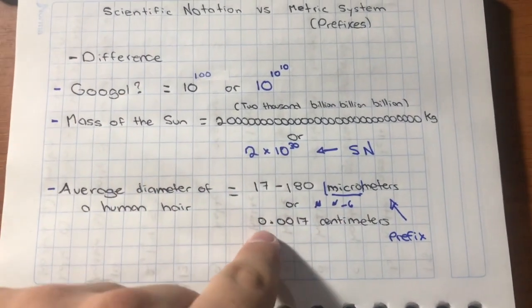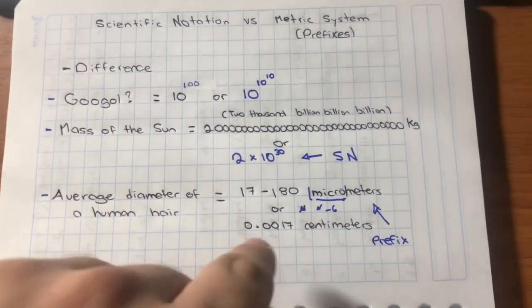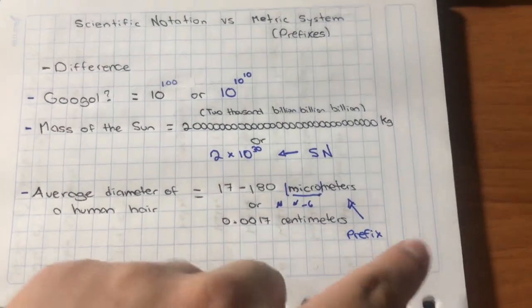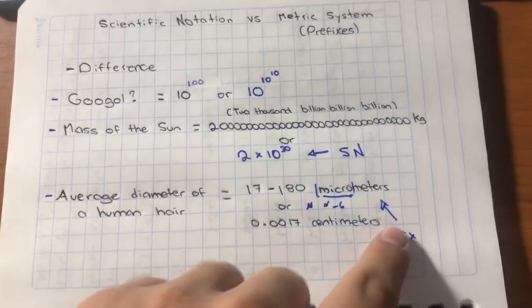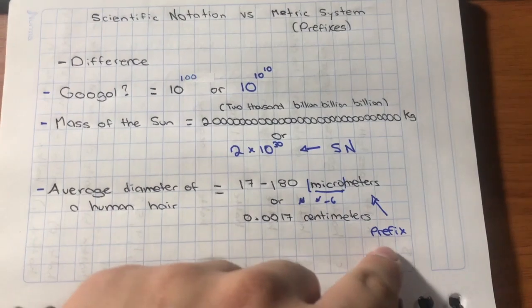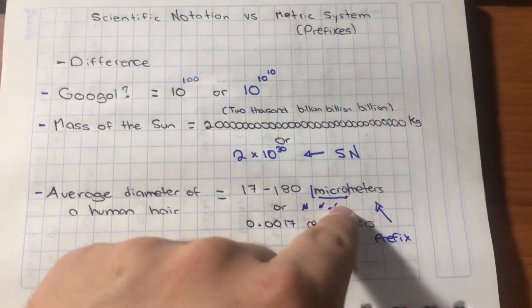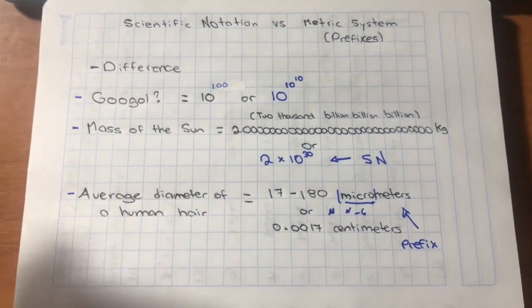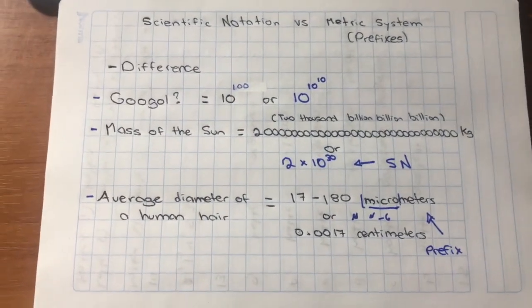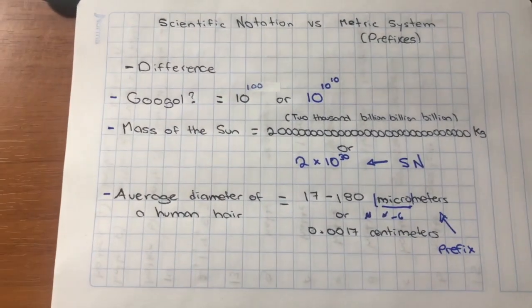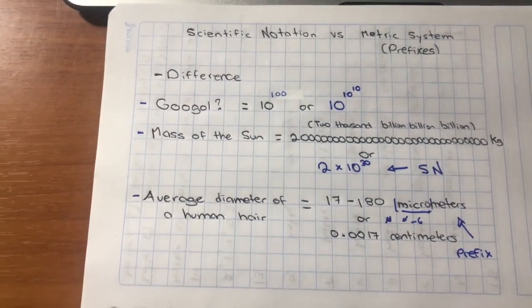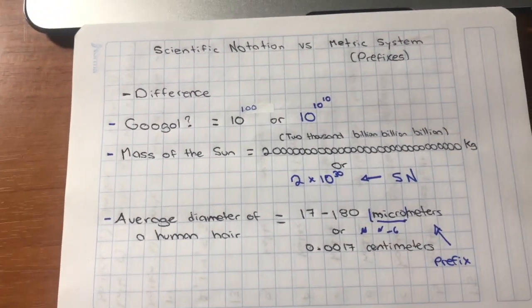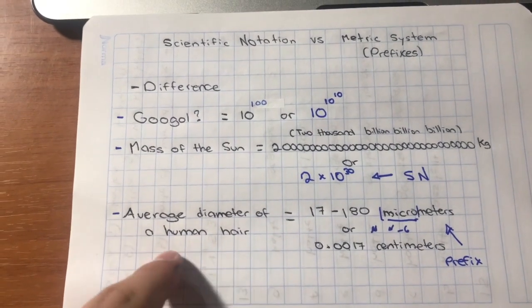You can also say that it is the same as 0.0017 centimeters, but in this case it's easier to say it in prefix than in scientific notation, because micrometers is more familiar, less tedious, and a more common name for these quantities.